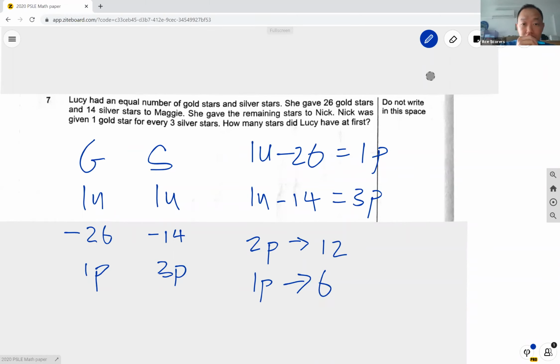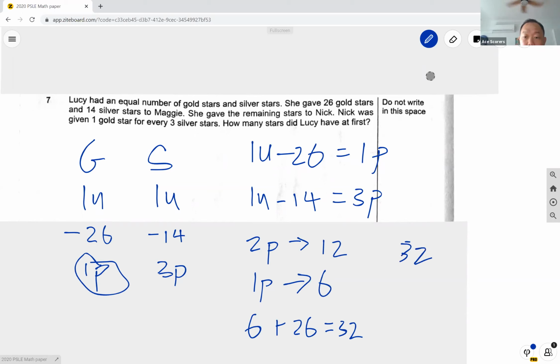So how many stars did Lucy have at first? 1 part is 6. So I take 6 plus 26 equals to 32. So take 32 times 2. 32 times 2 equals to 64. Right, so altogether there were 64 at first. Okay, so that's correct. So units and parts to solve this.